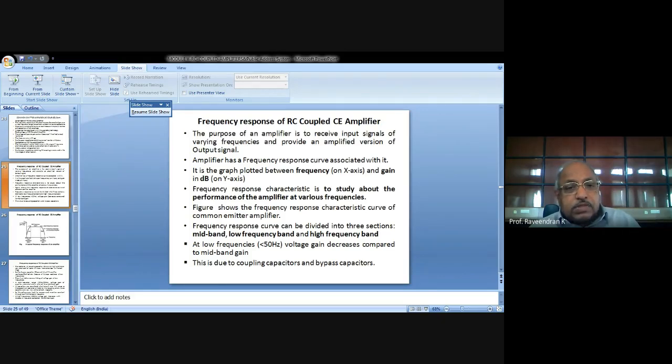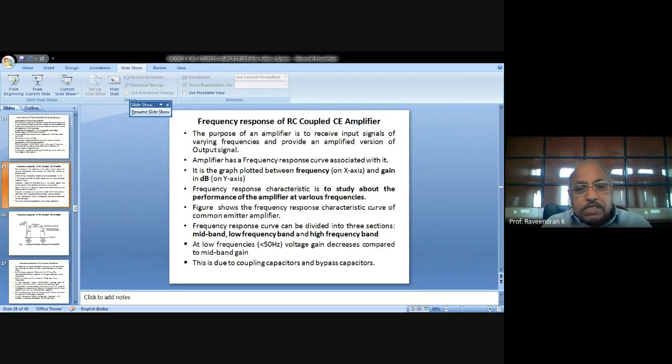And here what happens, at this 3 dB frequency point, the power delivered by the amplifier is reduced to half, not 0.707. It's not 0.707 AP. It is reduced to half. The amplifier power will be reduced to half.